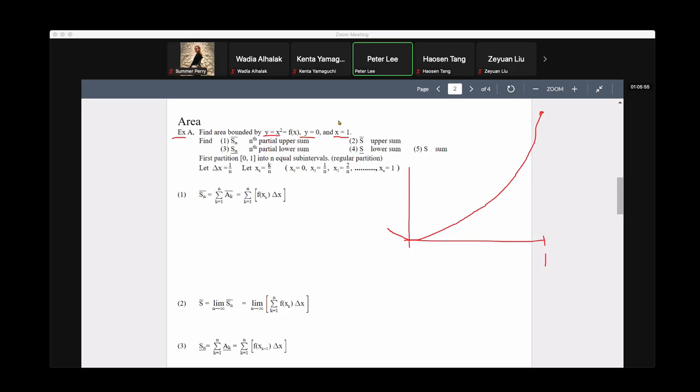Let me draw a line here for a second. Then this point here is the point 1, comma 1. It's a magnified one. And this curve, of course, is y equals x squared.